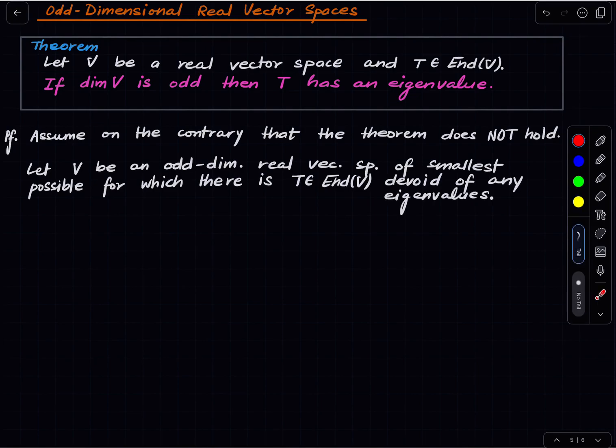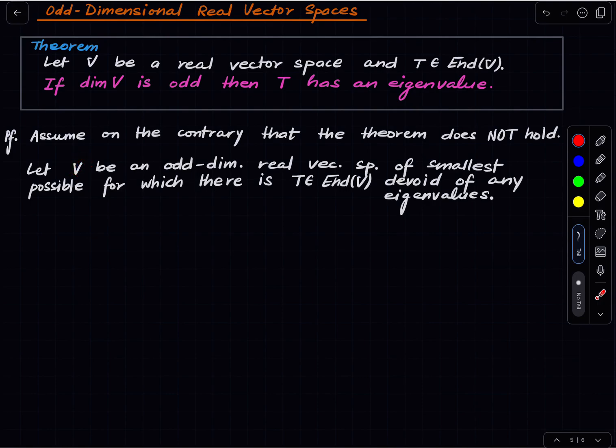Right? So what are we saying? Since there is a counterexample to the proposition, there exist odd dimensional real vector spaces along with endomorphisms on them such that the endomorphisms do not have an eigenvalue. Amongst all such counterexamples, we pick one where the dimension of the vector space is smallest possible.